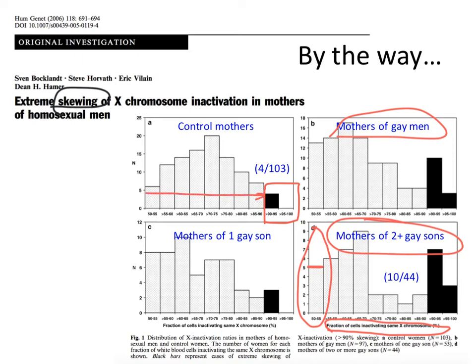It goes from something like 4 mothers out of 103 to, if you've got mothers of 2+ gay sons, like 10 out of 44 mothers. A quarter of the mothers of gay sons now have extreme X chromosome inactivation differences. So it seems like, according to the study, there's something about whether or not mom's X chromosomes randomly turn off or not. If it's non-random, if there's a bias, then the mom is more likely to have gay sons. That's what these authors conclude.